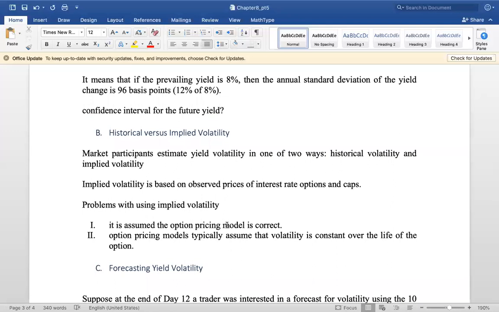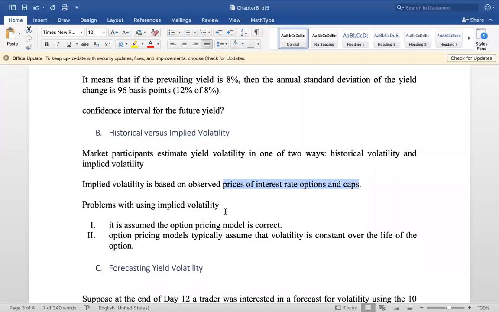Then we have historic versus implied volatility. We just discussed the historic volatility or variance and standard deviation. Implied volatility is the market participants' estimate of yield volatility using the prices of interest rate options and caps.